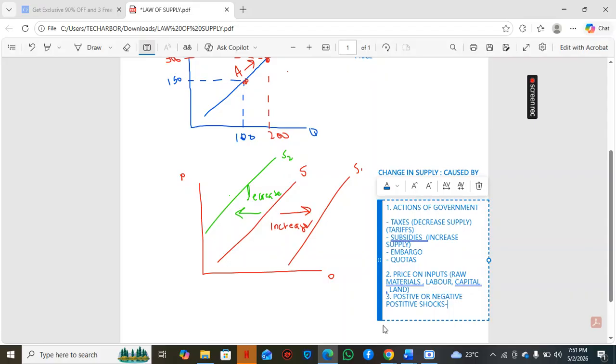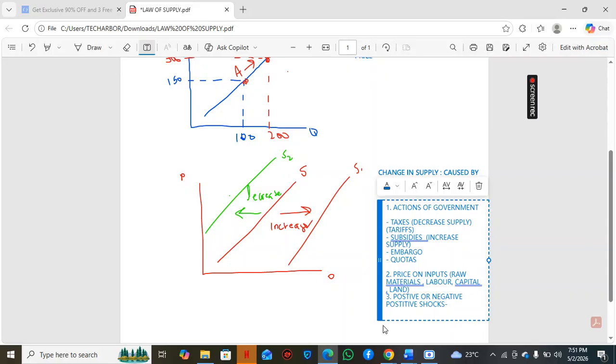Good weather helps farmers harvest more of their crops, right? Then you've got negative shocks. The negative shocks are wars, pandemics, and other natural disasters. Those can affect supply.